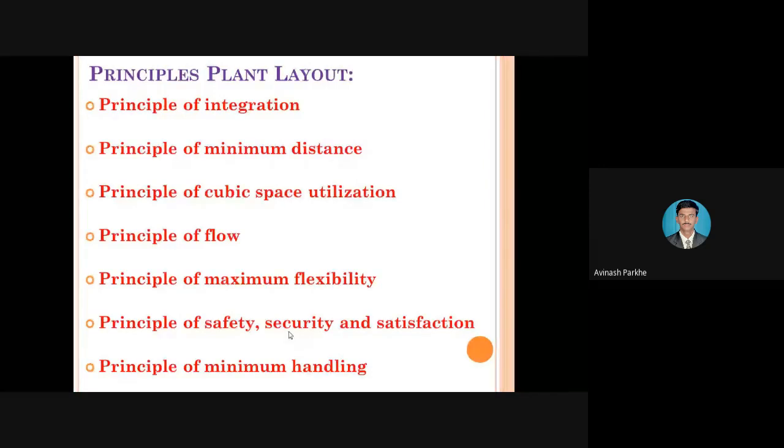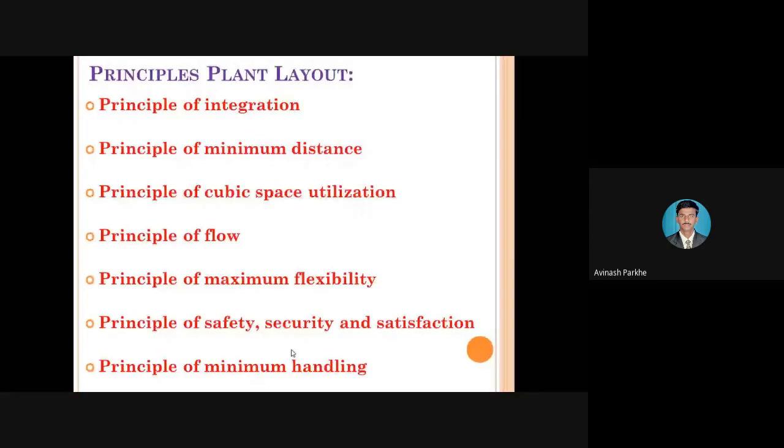Sometimes in the industry, what happens, the current layout is designed, but whenever I have to go for the modifications, I have to change the location of all the machines. Total plant layout I have to change. In that case, the changing will take place, but the cost and the time required is very, very high.